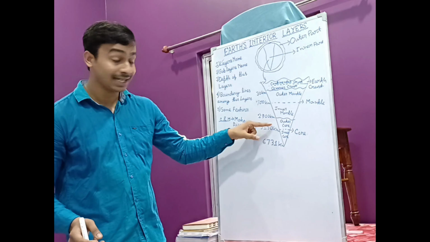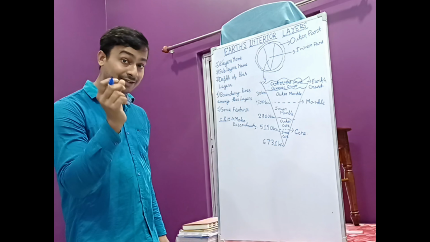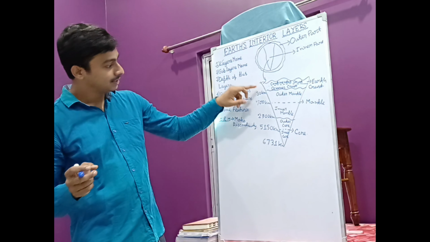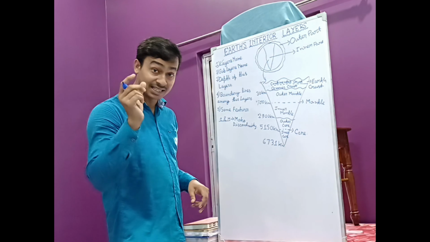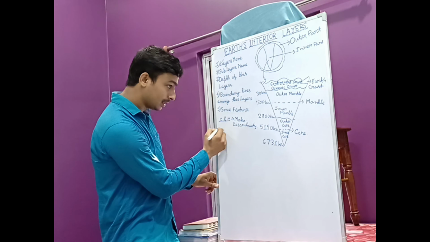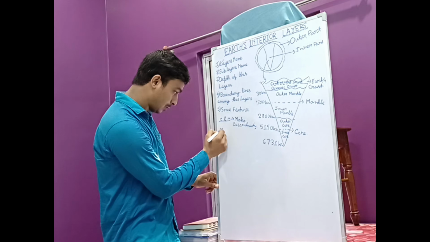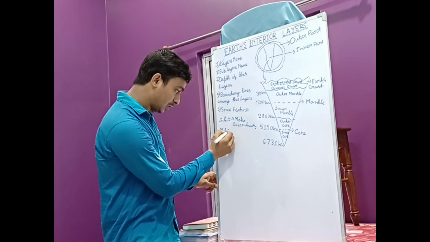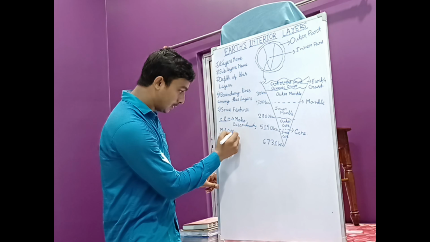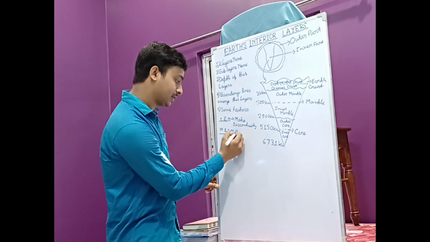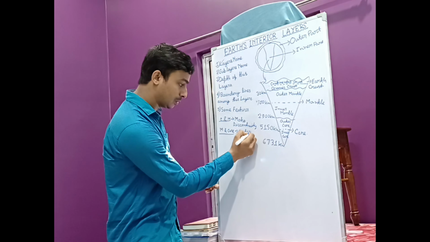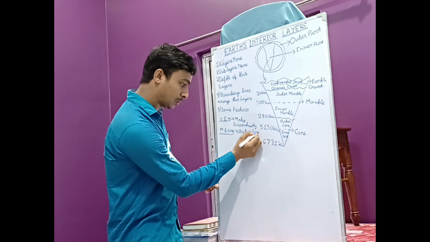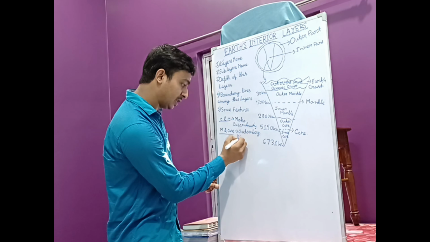Second is earth mantle and core area. Mantle and core divided line name is Gutenberg discontinuity.